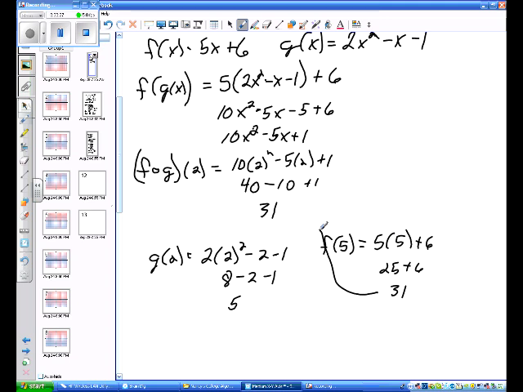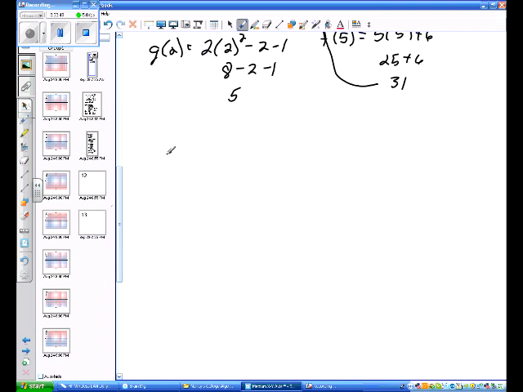And you can see we would get the same answer if we do it the long way, taking a function, finding an answer, and then plugging that answer in, or if we do the composition of the functions and come up with a new equation. And if you were having to do these over and over again, that's definitely what you would want to do.